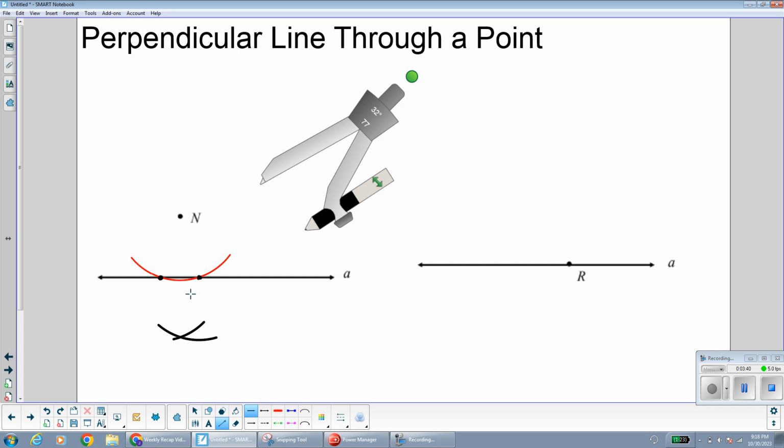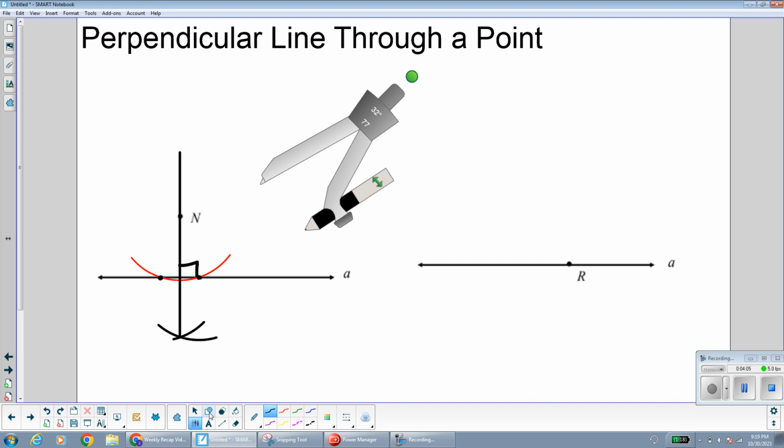Where the two arcs intersect is where I'm going to use my straight edge and draw my perpendicular line, and it should come really close to passing right through point N. Notice how it's perpendicular to the given line, meaning that it forms a 90-degree angle where it intersects it.